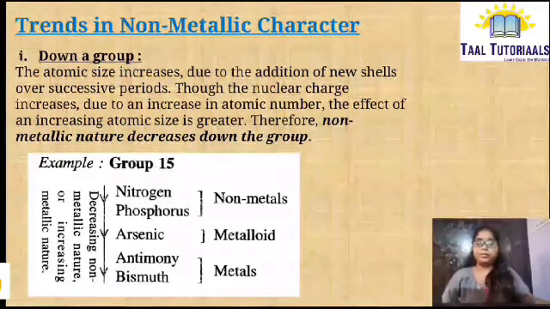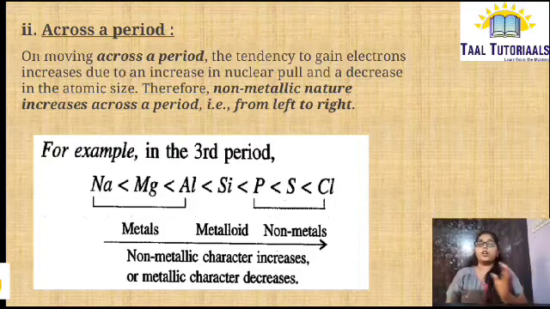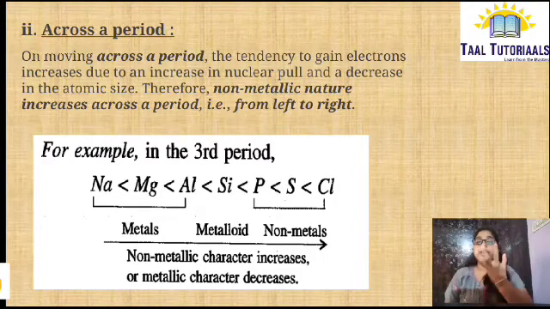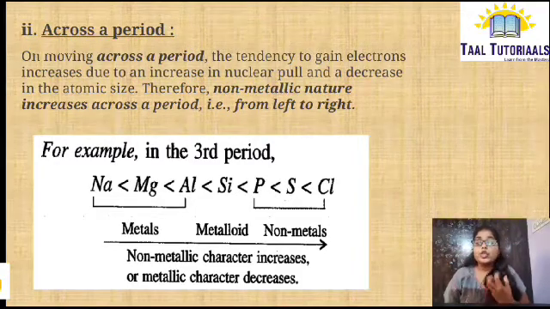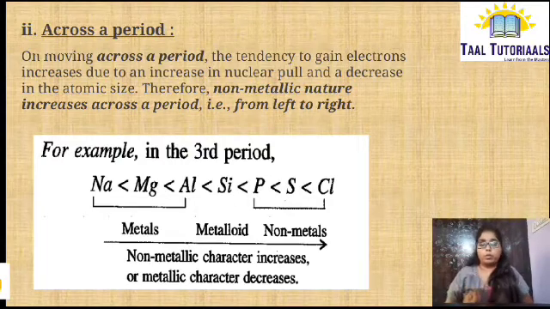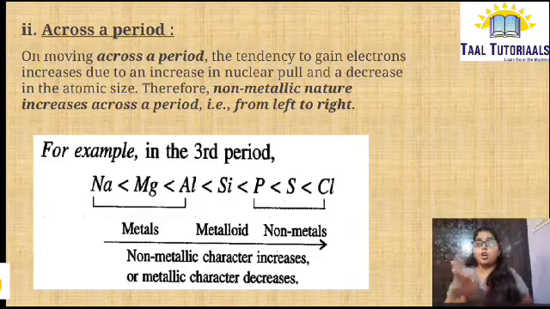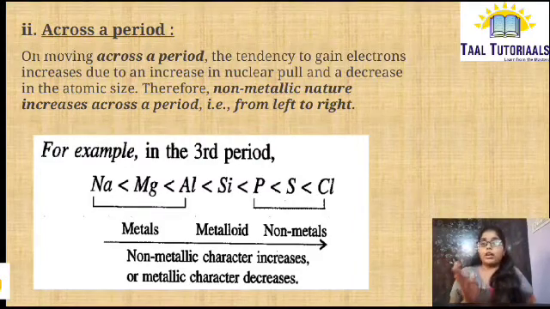Next comes across a period. On moving across a period, the tendency to gain electrons increases due to an increase in nuclear pull. When you move from left to right, the nuclear pull is more. When the nuclear pull is more, we can gain electrons more. Thereby, non-metallic nature increases across a period, that is from left to right.